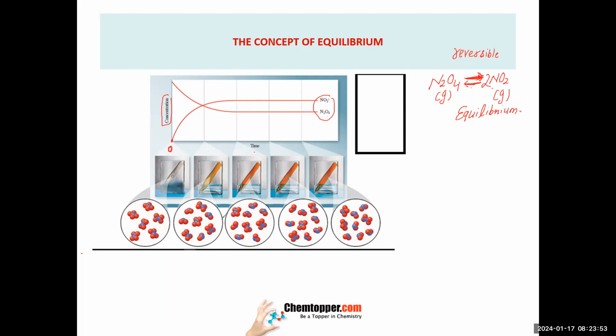Okay, I started reaction with N2O4. Look at this experiment. There is N2O4. Initially, when the time is zero, only N2O4. This is N2O4. So what is happening to the concentration of N2O4 as time is passing by, as the time is increasing, as the reaction is going on?